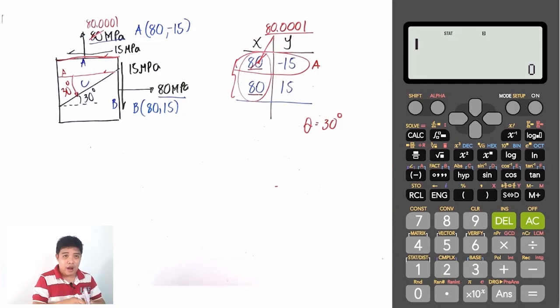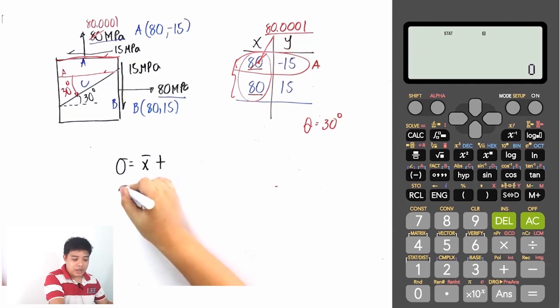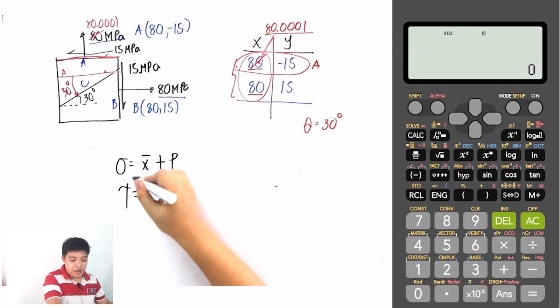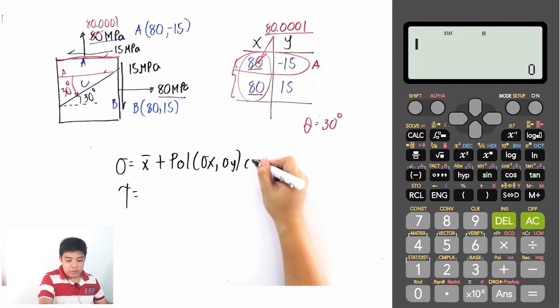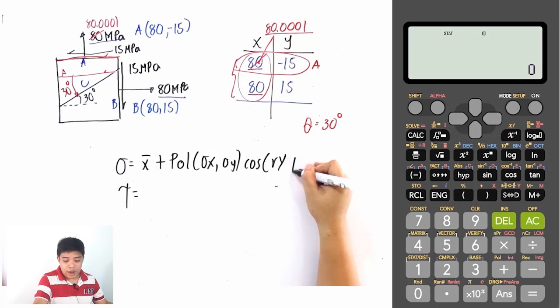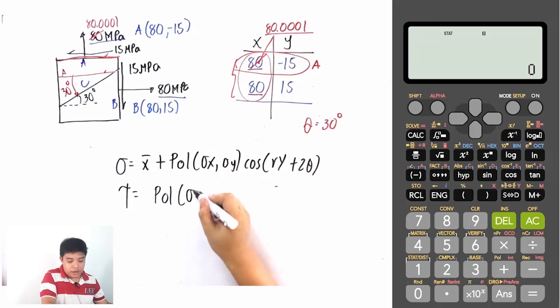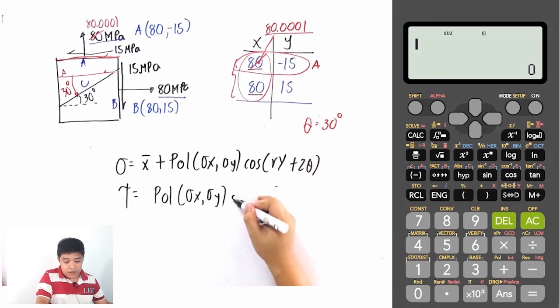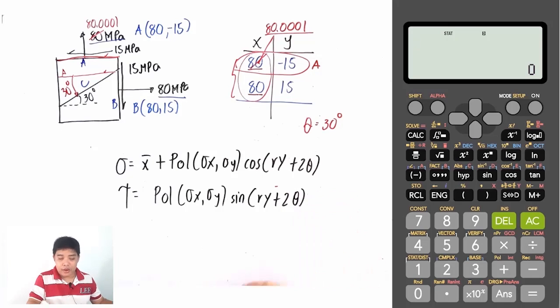Again, reviewing our formula for normal and shearing stress at any plane: for normal stress, x bar plus the polar sigma x sigma y, cosine of the quantity of the polar plus 2 theta. And for shear stress, polar sigma x sigma y, sine of the polar plus 2 theta. Let me show you again in our calculators.